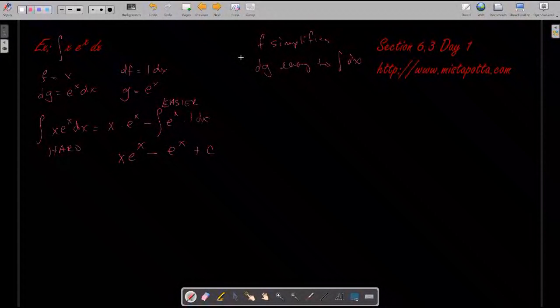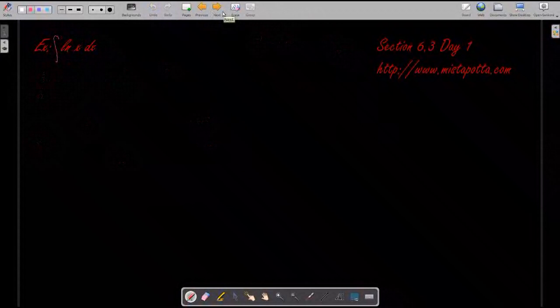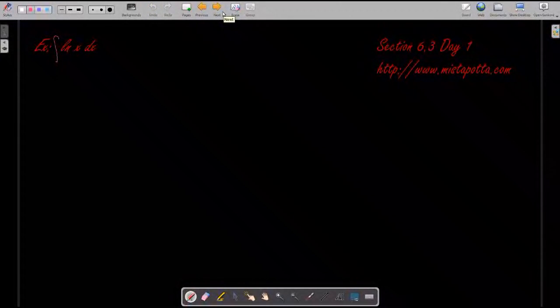There's a couple more examples that I want to talk about today. And in our last lecture, we talked about how we could find the antiderivatives of any of our trig functions. So here I want to talk about how I would find the antiderivative of natural log x.